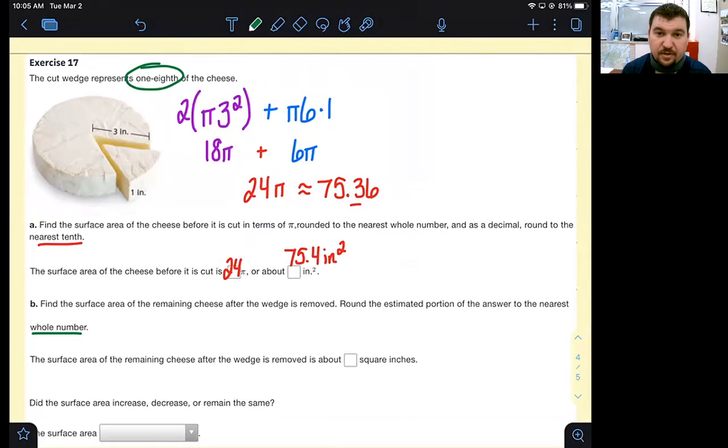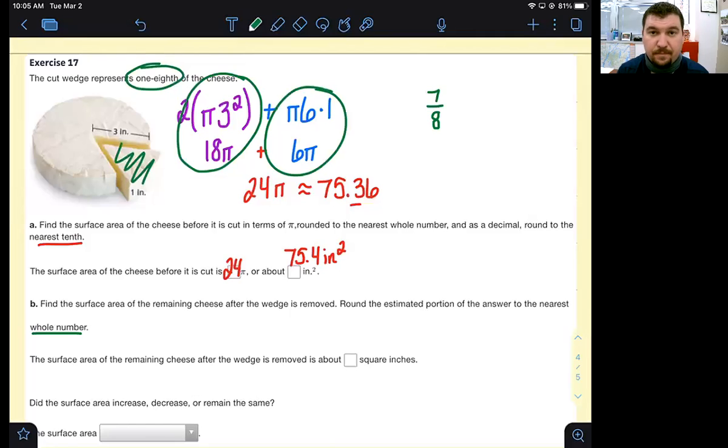If 1/8 of the circle is missing, then I have 7/8 of the circle remaining. So basically I could do this all over again. And without this 1/8, I would be doing 7/8 of this and then 7/8 of this.